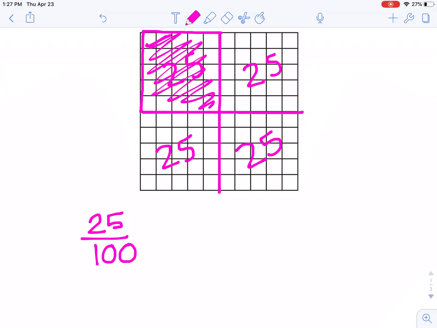I colored 25 out of 100. But that could also be known as 1/4. If you think of it that way, I have 4 pieces. 1 right here, 2, 3, 4. And if I colored one of them, I've colored 1/4.